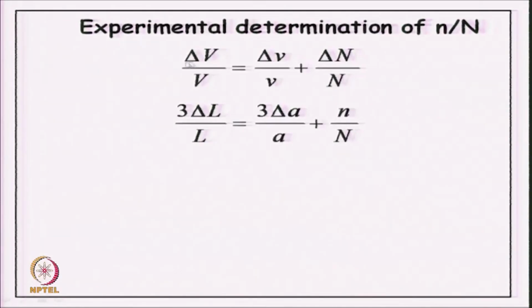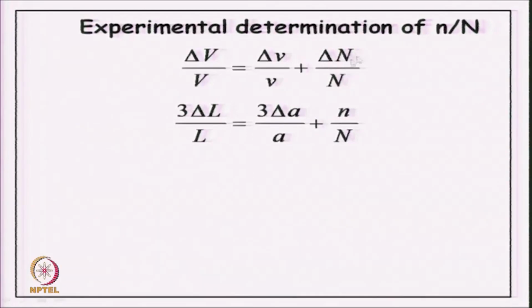So, the first term on the LHS I changed to 3 times delta L by L, the fractional change in length. Delta V by V is due to the volume change of the crystal due to lattice parameter increase. So, this is 3 times delta A by A, where A is the lattice parameter.